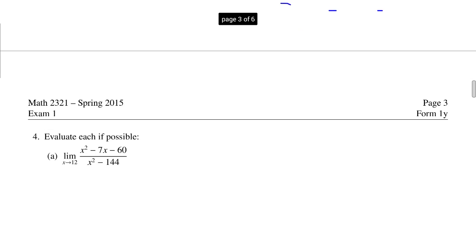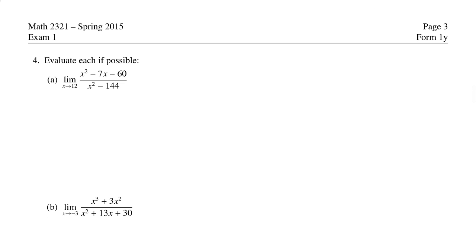Question 2. Suppose the limit as x goes to 5 of f of x is equal to 7, and the function value f of 5 is equal to 9. What can you say about the limit as x goes to 5 from the right? And what can you say about the limit as x goes to 5 from the left?